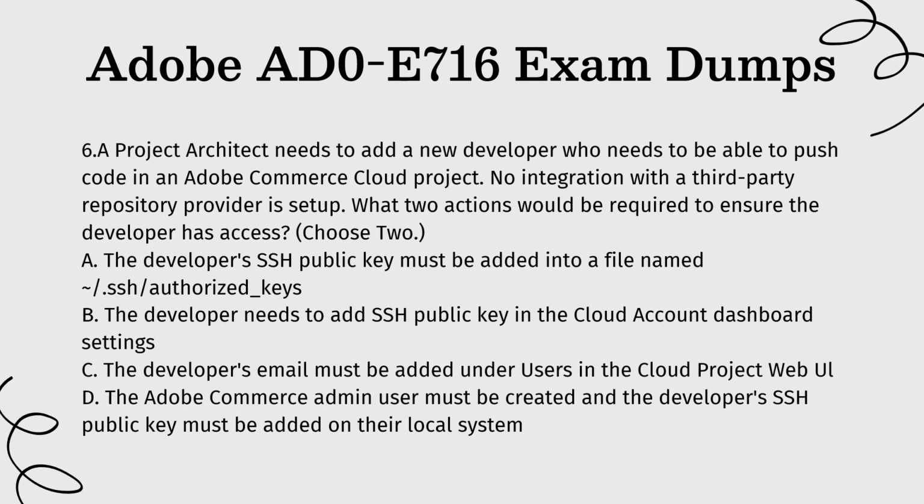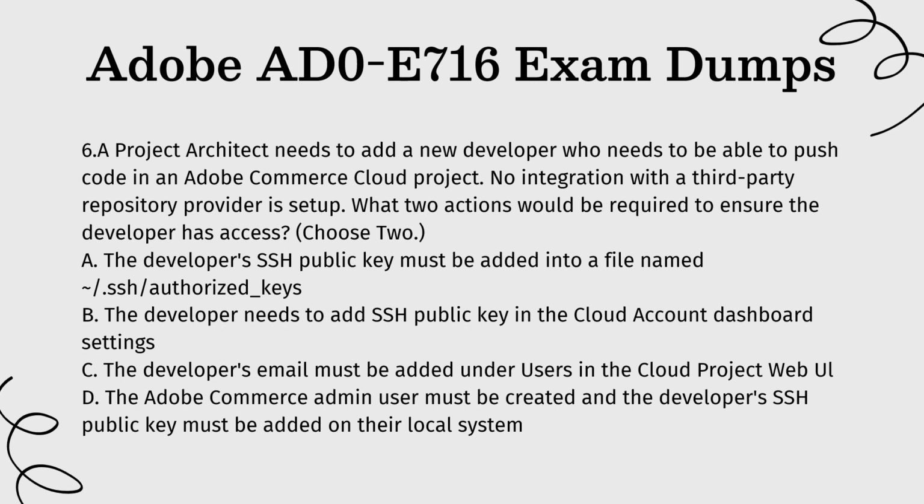6. A project architect needs to add a new developer who needs to be able to push code in an Adobe Commerce Cloud project. No integration with a third-party repository provider is set up. What 2 actions would be required to ensure the developer has access? Choose 2. A. The developer's SSH public key must be added into a file named ~/.ssh/authorized_keys.